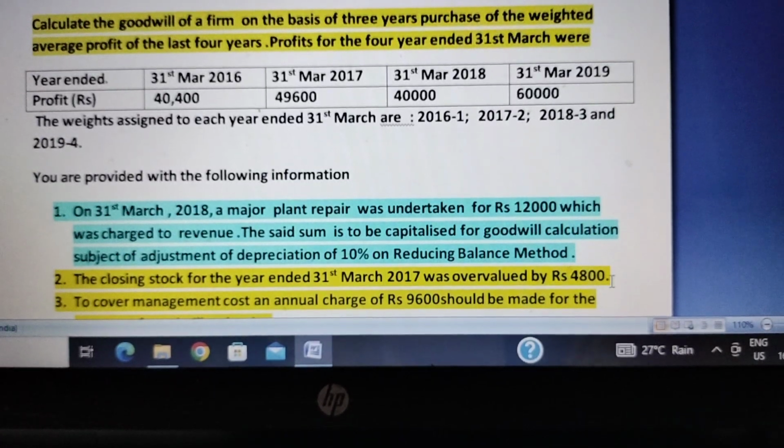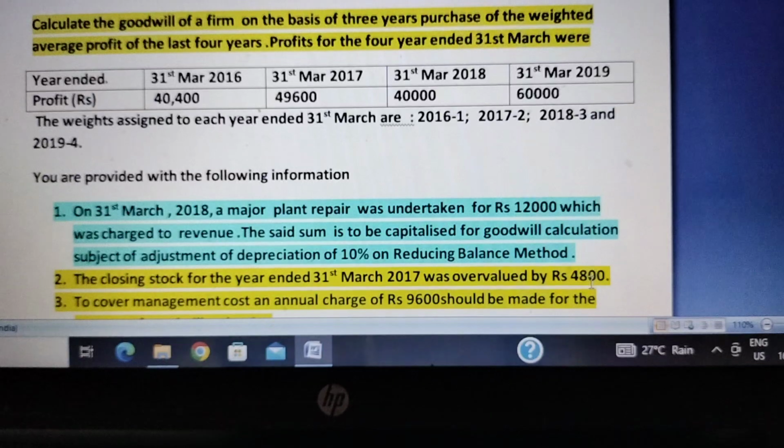See, when closing stock is overvalued, just bring the picture of the trading account into your eyes. You write closing stock on the credit side of the trading account. So as the closing stock is overvalued, definitely the credit side of the trading account would be more, and the gross profit would be more. So the impact is that overvaluation of closing stock would increase the profit of that particular year.